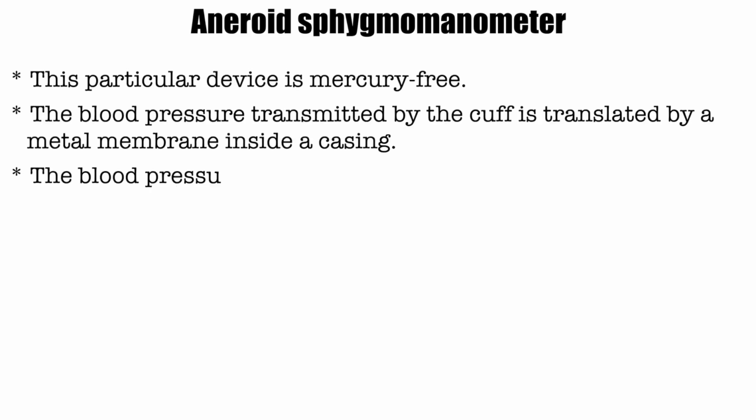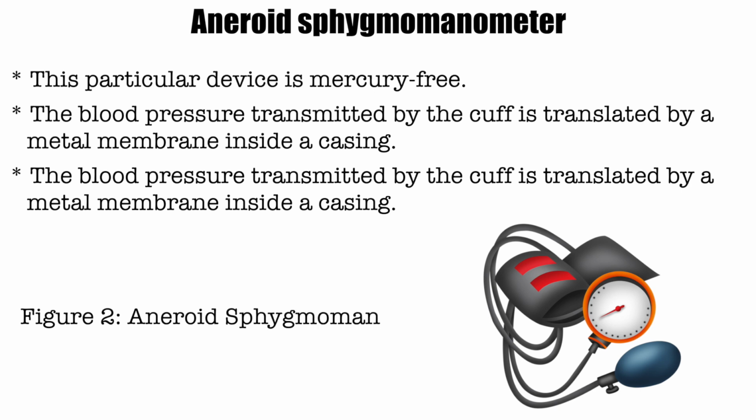So, another option which replaces the mercury column is the aneroid sphygmomanometer, which is shown in the figure. This particular device is mercury free. The blood pressure transmitted by the cuff is translated by a metal membrane inside a casing.